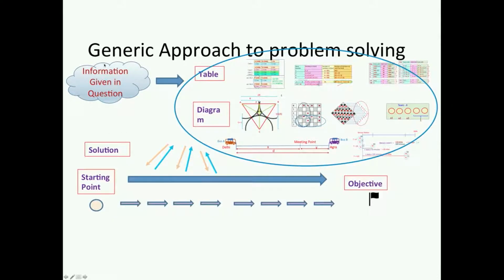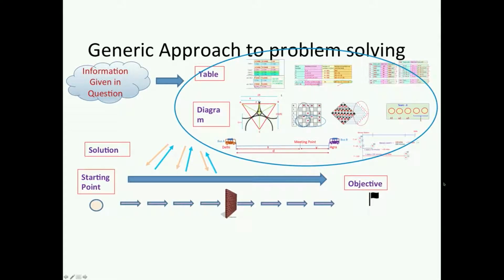The information has to be extracted, and only the relevant information should be used. The best way is to draw a table or diagram like this. Then you find a starting point. How to find the starting point, we'll see in a lot of examples. From that starting point, you'll have to take a few steps till you reach your objective, which is to answer the question. In this journey from starting point to your objective, you'll use the information which is given here.